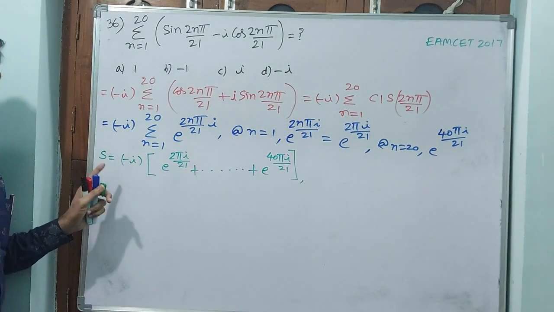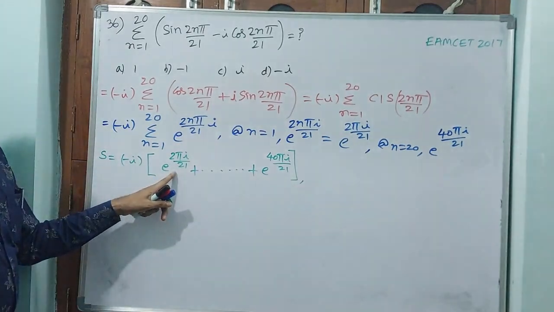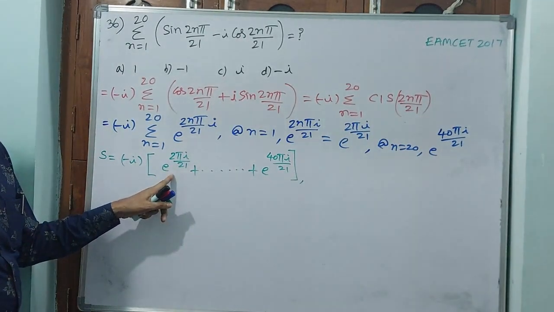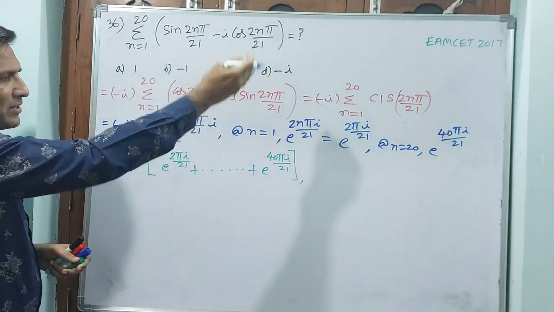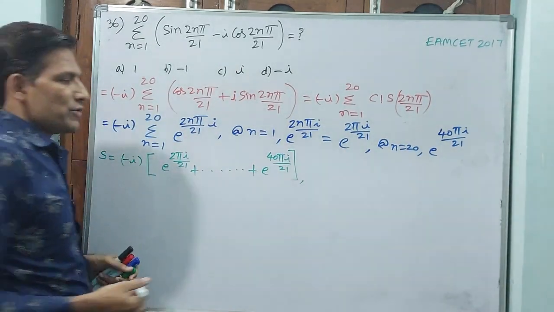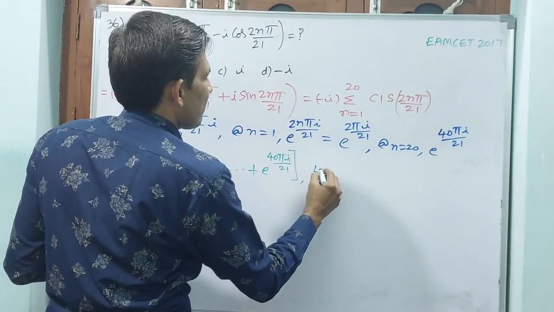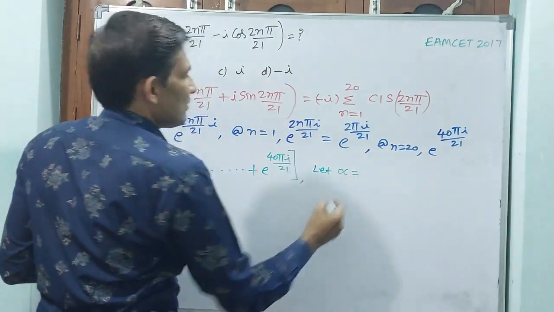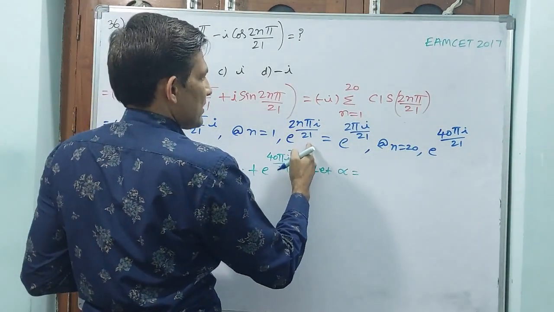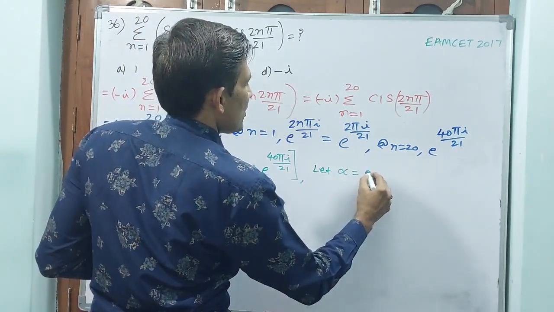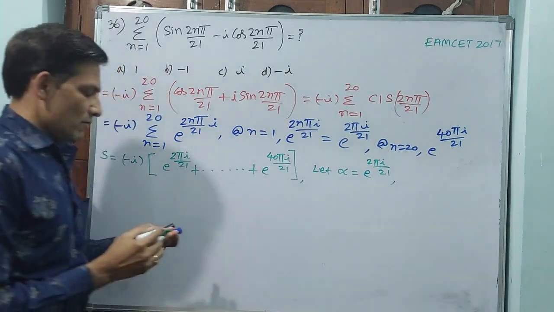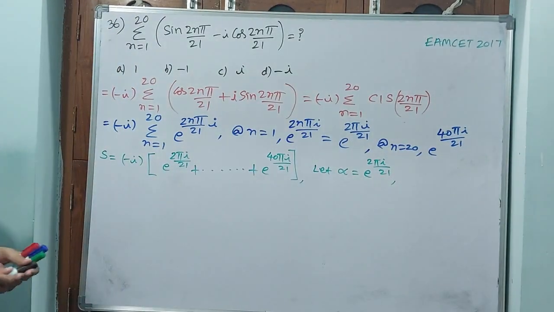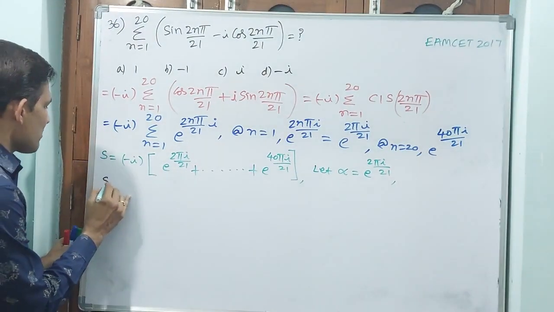Is it okay? Now you see, I am taking this as alpha, then alpha square will be there. We know very well why, because square means from the top we are going to do. See, let alpha equal the first one, e power 2πi/21. If that is the case, then how is this summation going to become? The summation is going to become like this.